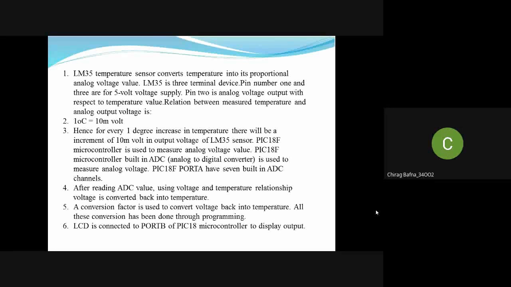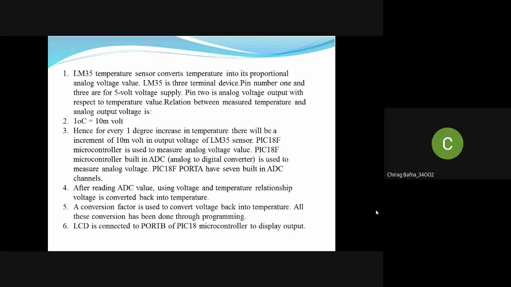The LM35 temperature sensor converts the temperature into a proportional analog voltage value. It has three terminals: pins 1 and 3 for the 5-volt supply, and pin 2 is the analog voltage output with respect to temperature.